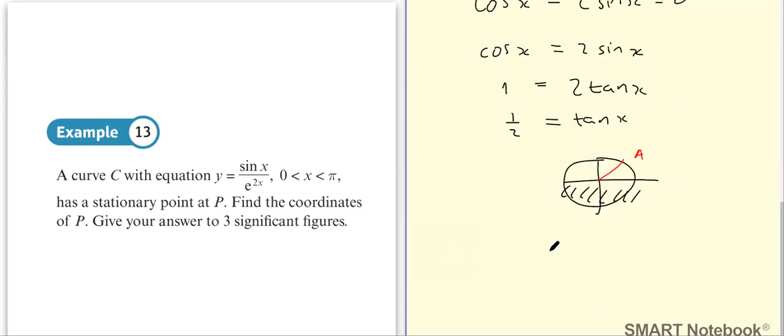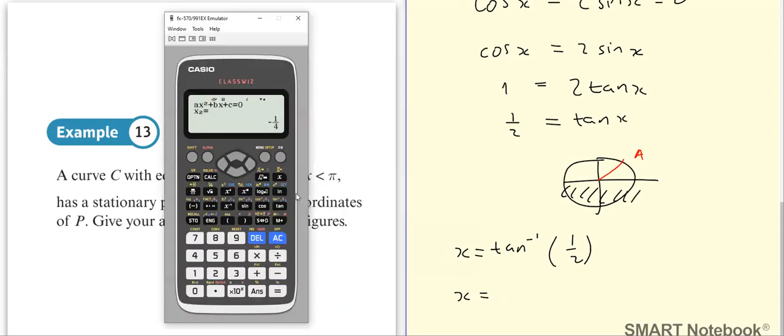And so we can do inverse tan of a half. What do we need to make sure over here when we type this into our calculator? It has to be in radian mode because our range is in radians.